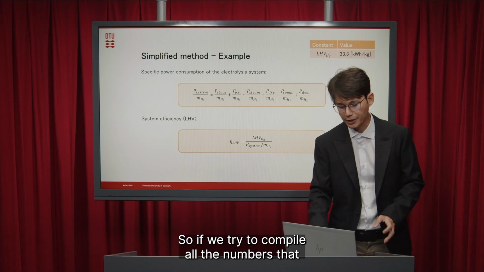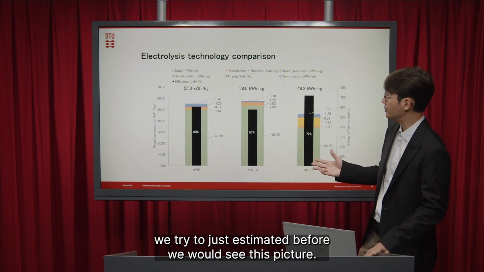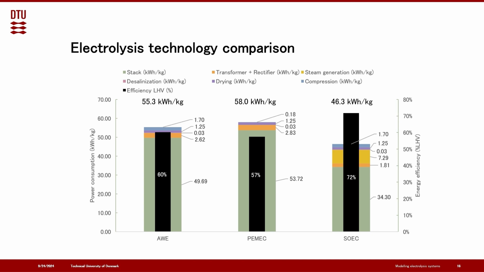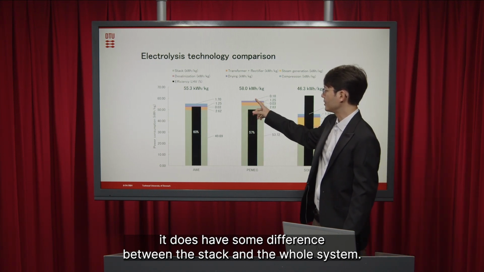So if we compile the numbers that we just estimated before, we would see this picture: the alkaline, the PEM, and the solid oxide electrolysis. And what you can see is that there is some difference between the stack and the whole system.